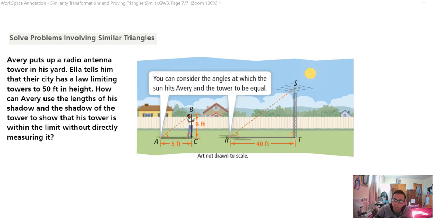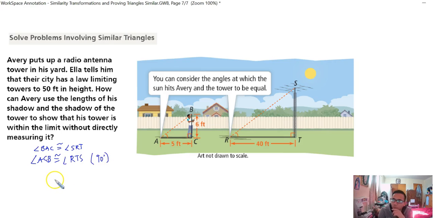First, since angle BAC is congruent to angle SRT, and we also have angle ACB is congruent to angle RTS, because they are 90-degree angles, you can apply AA.